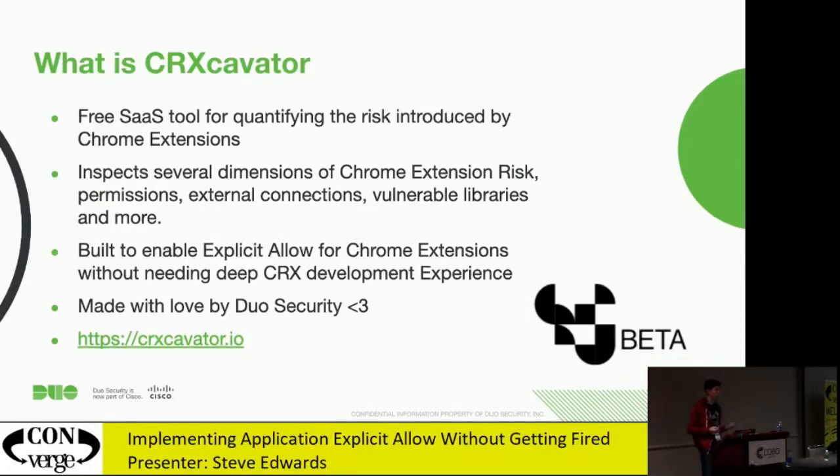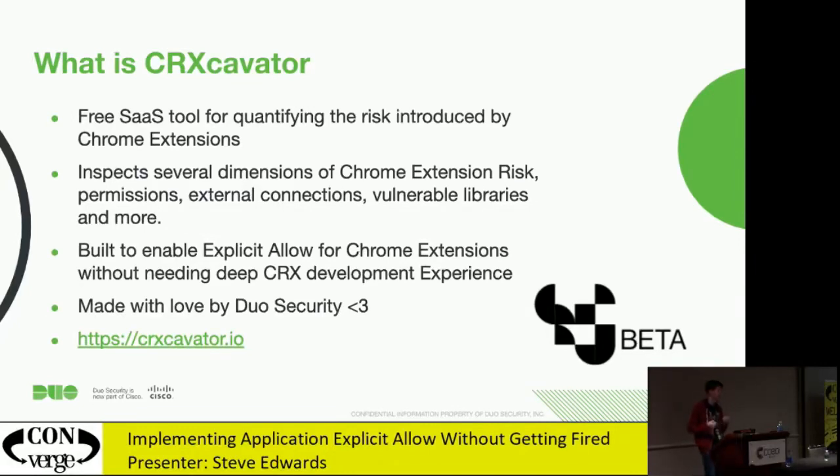But that's a complicated process. Even if everyone was an expert and it didn't take much time, because they're all humans, they're all going to do it inconsistently. So we wanted to build a tool that gave our security operations team a consistent and quantifiable reason for either approving or denying Chrome extensions when people ask for them to be allowed.